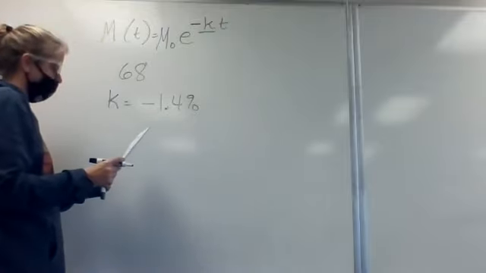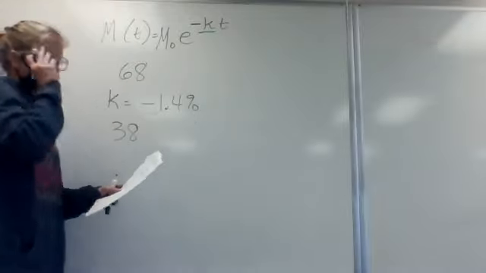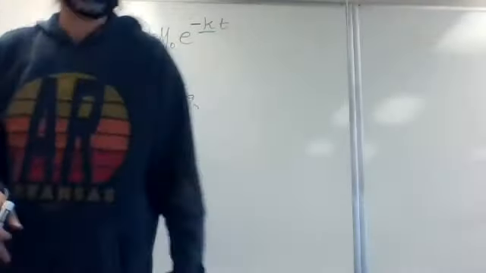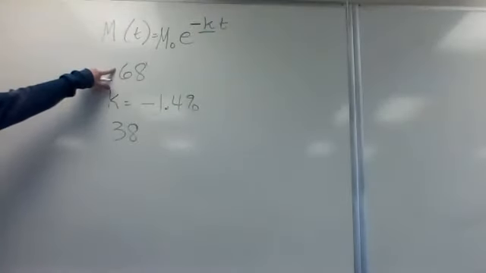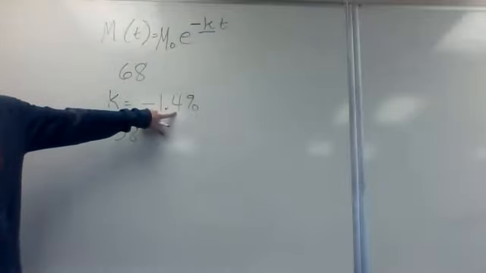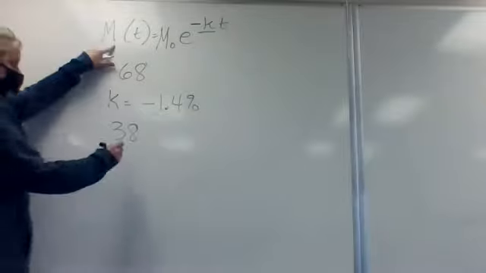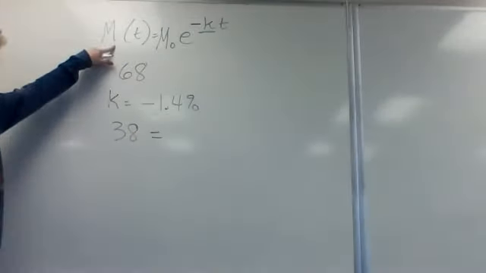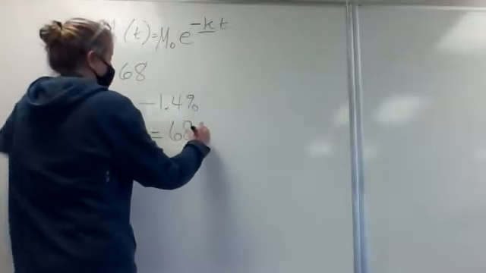How many years will it take for this country to have 38 million cars? So how many years means I'm looking for T. I know the beginning amount, the end amount, and the K. End amount is 38 equals the beginning amount is 68.